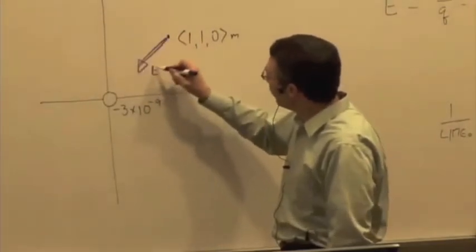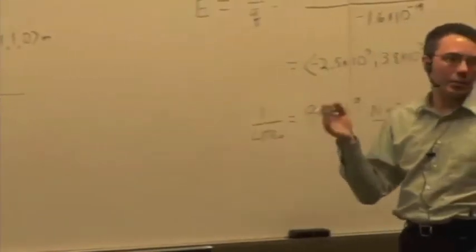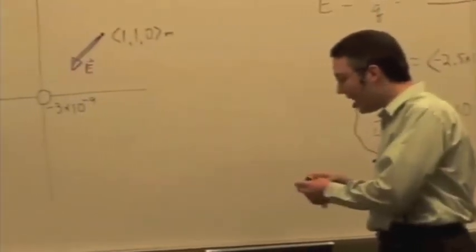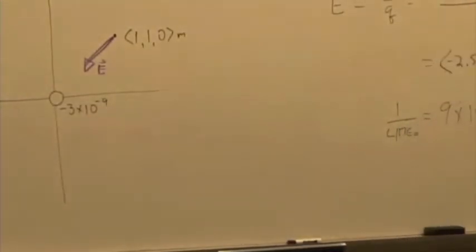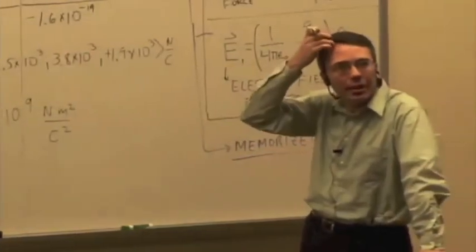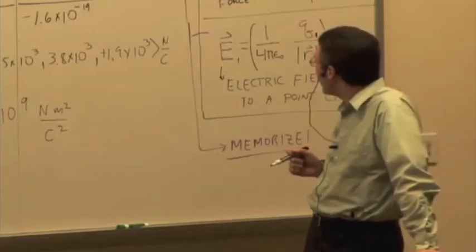And so without even doing anything, you know that it has to have a negative x component, negative y component, right? So get in the habit of doing that. Get in the habit of checking answers on physical and graphical grounds, not just by plugging in numbers, because it becomes absolutely important in this course.